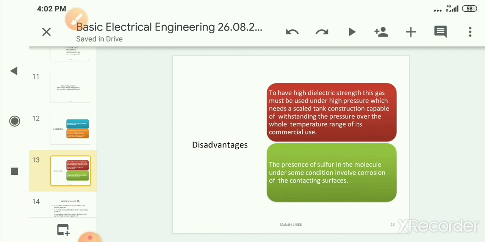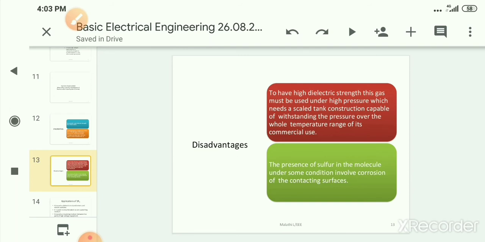What are the disadvantages? To have high dielectric strength, this gas must be used under high pressure. For this purpose, we need a sealed tank with gaskets, gas tank construction like that, and then only is it capable of withstanding the pressure over the whole temperature range of its commercial use.